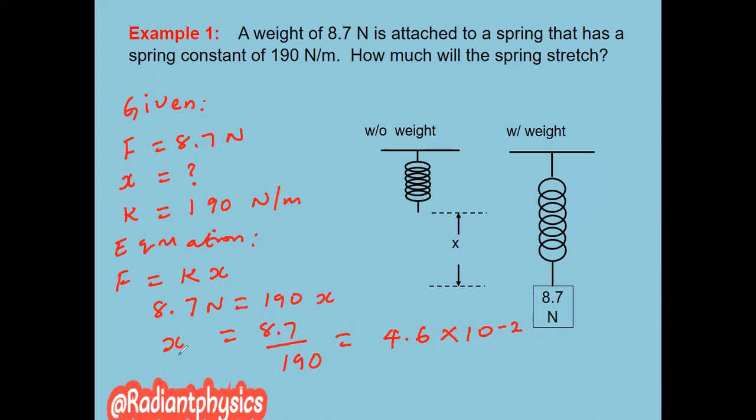So this is the extension of the spring when this force is applied to it. Do not forget the units. The unit is meters, so we just put m here. So this is how to apply the equation. Very simple. So let's take the second example.